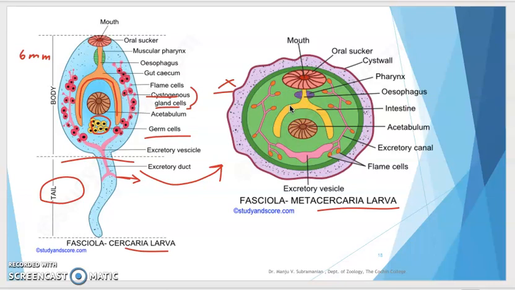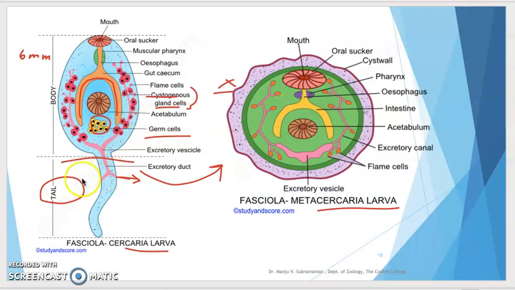Then it is able to remain viable for several years, but leads a passive life, and it can resist only a short period of drying. So this Metacercaria is encircled inside the cyst. The suckers are present. All the structures which are present in the Cercaria are present in Metacercaria.